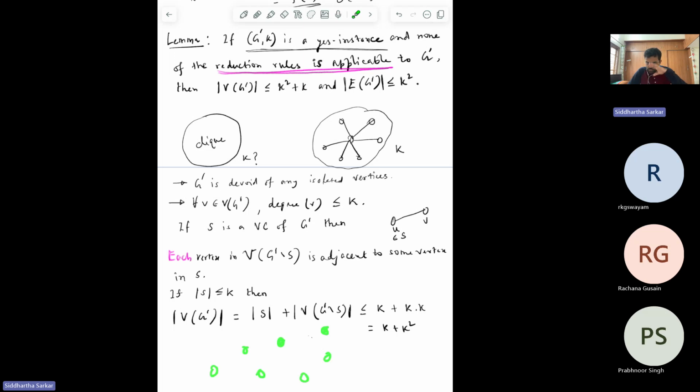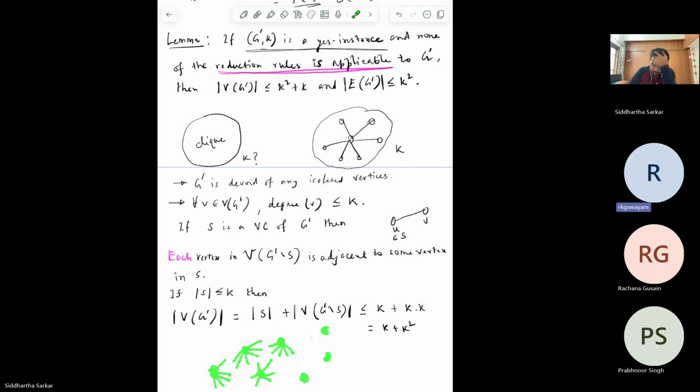So now you know that k vertices are sufficient to cover all the edges. But you know that each of these k vertices in the vertex cover has degree at most k. So how many edges could be there?